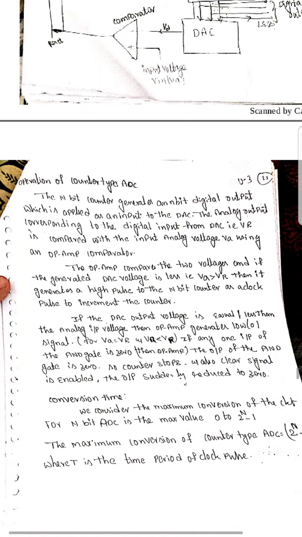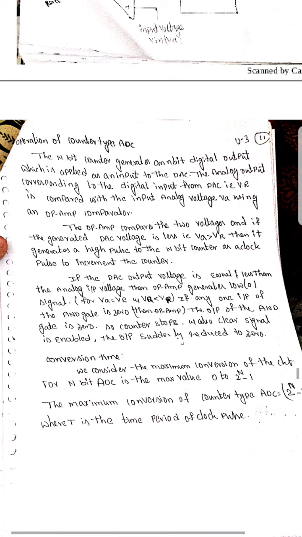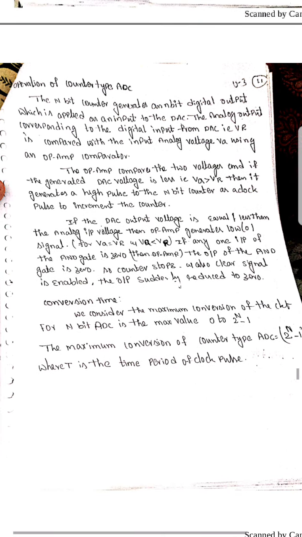Operation of counter type ADC. The n bit counter generates an n bit digital output which is applied as an input to the DAC. The analog output corresponding to the digital input from the DAC, that is VR, is compared with the input analog voltage VA using an op amp comparator.